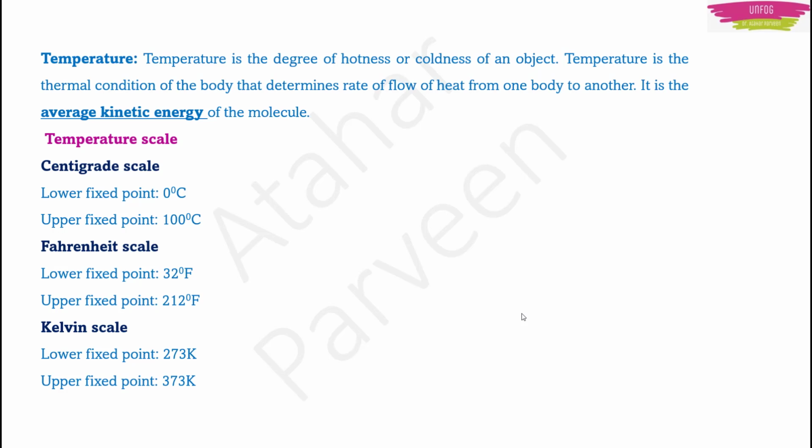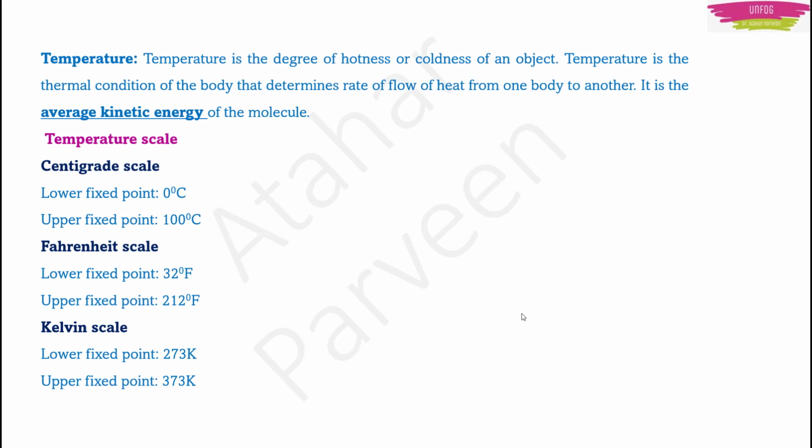The lower one is 273 Kelvin and the upper fixed point is 373 Kelvin. So you have to remember that there are three types of scales which we use in a thermometer. That is centigrade, Fahrenheit and Kelvin scale. You should also know their lower and upper fixed points. Anything can be asked as an MCQ in your examination.